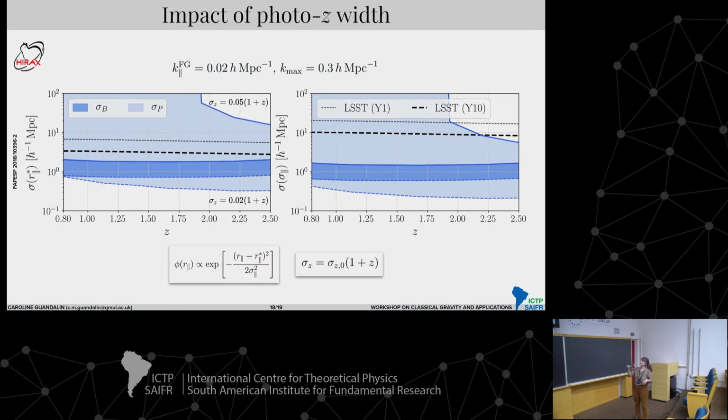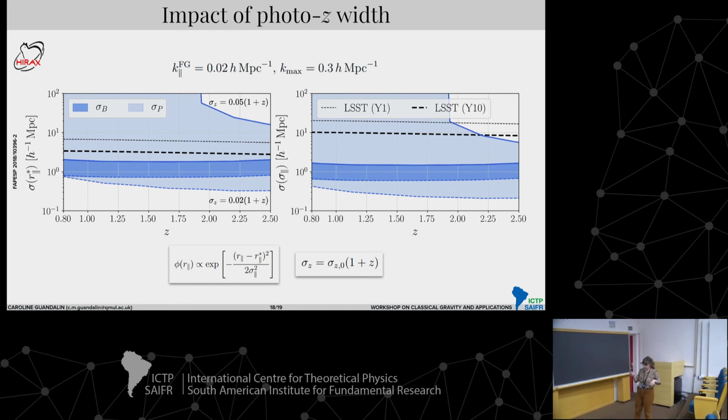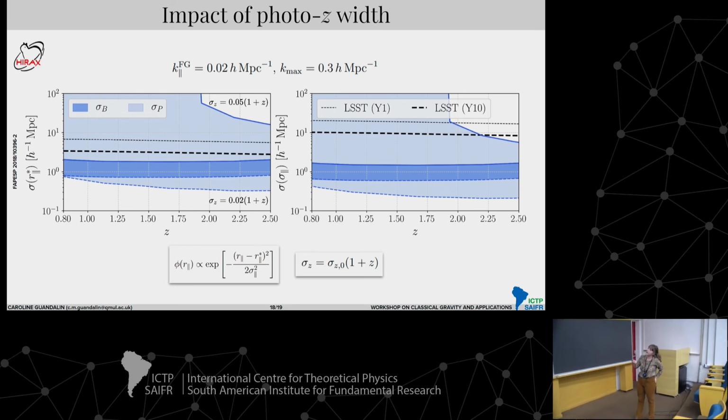So we can actually recover that selection function that I showed. And here what I'm showing is the constraints obtained with the bispectrum, or just by doing the cross-correlation between galaxies and intensity mapping at the power spectrum level.